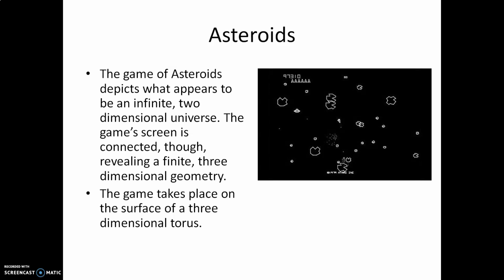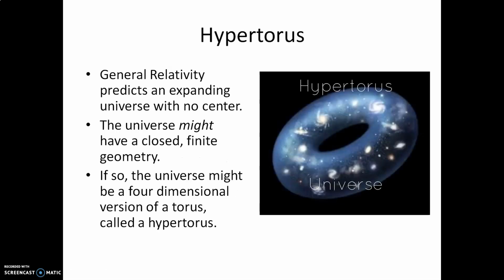As I described in the lecture, the game Asteroids appears to be an infinite two-dimensional universe while you're in the game, but because the sides of the screen, top and bottom, and the right and the left, are connected to each other, the game of Asteroids actually takes place on the surface of a three-dimensional universe that is shaped as a torus.